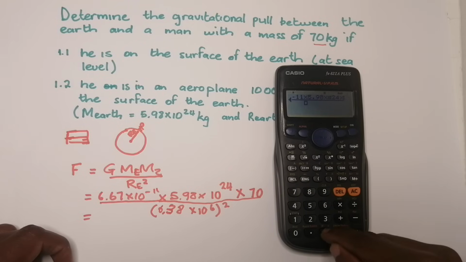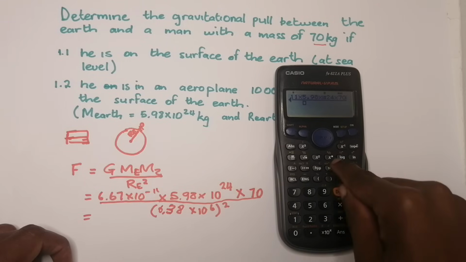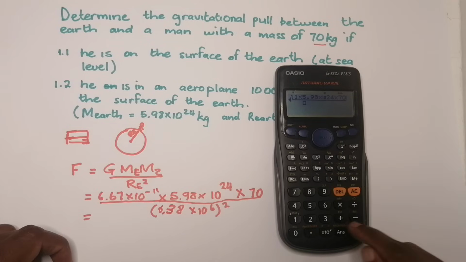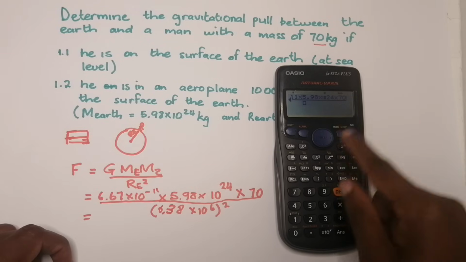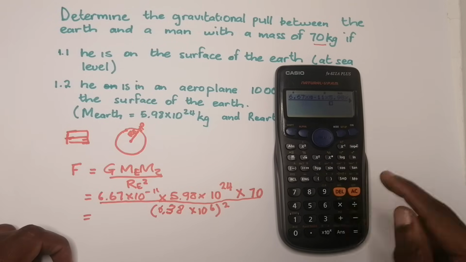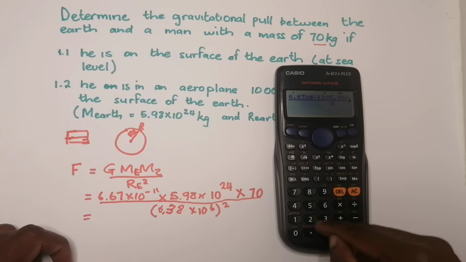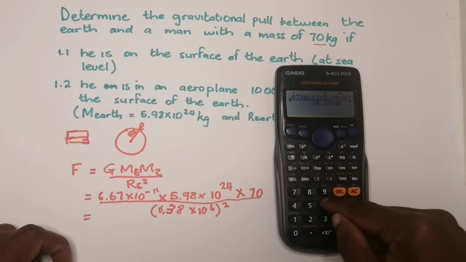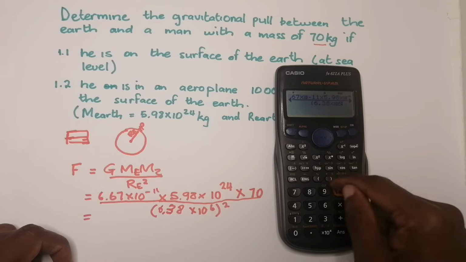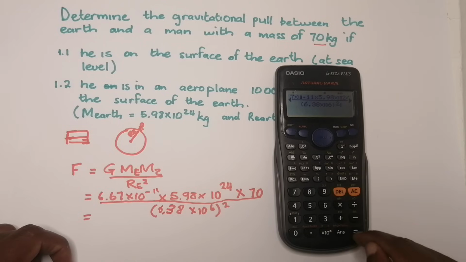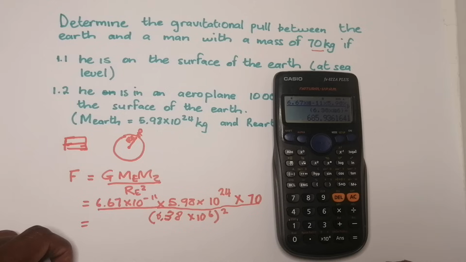So I'm trying to show you that you don't necessarily need to keep using the x to the power of button. This actually saves you a lot of time. And then let's go to the bottom. I'm going to open the bracket there. So that's 6.38, exponent once again, and all I need to press is 6, and I will square that.